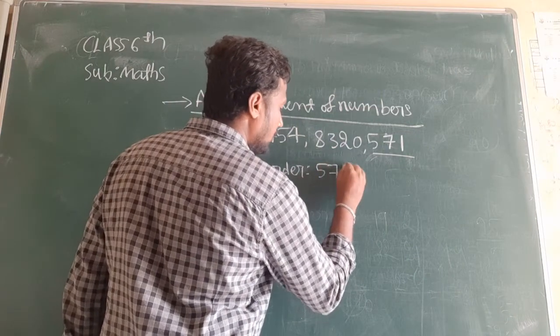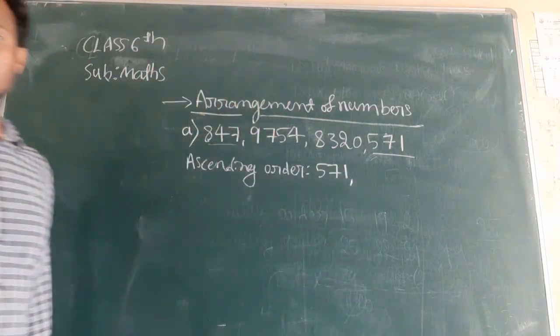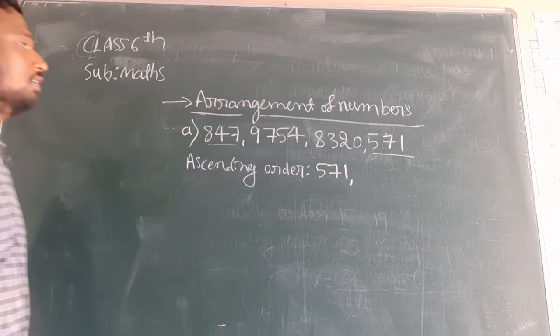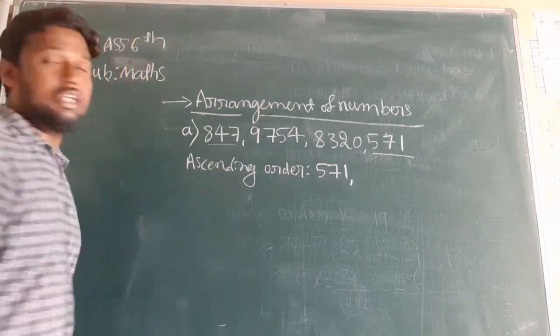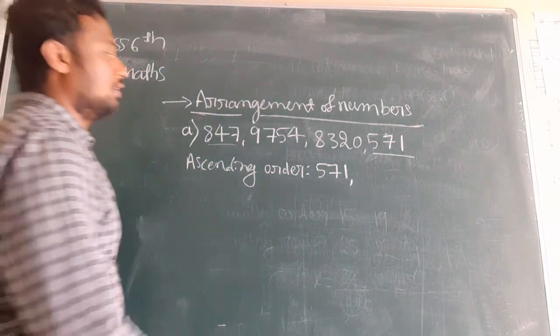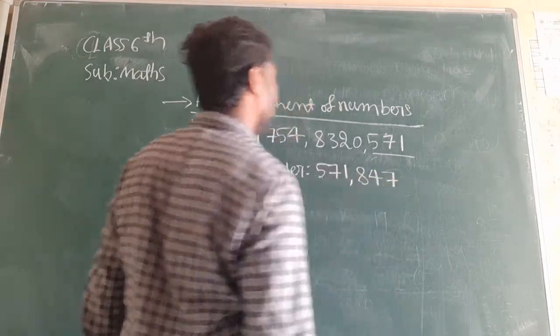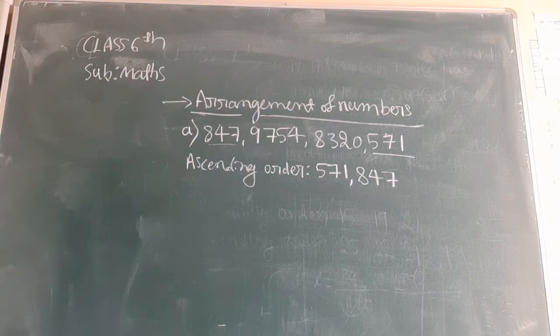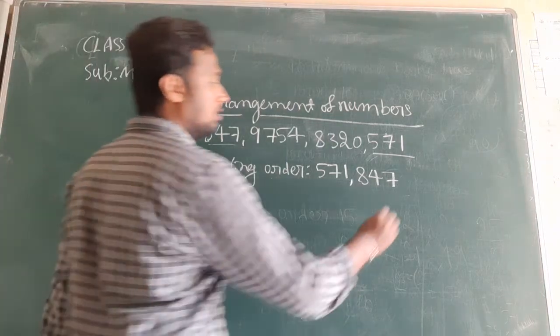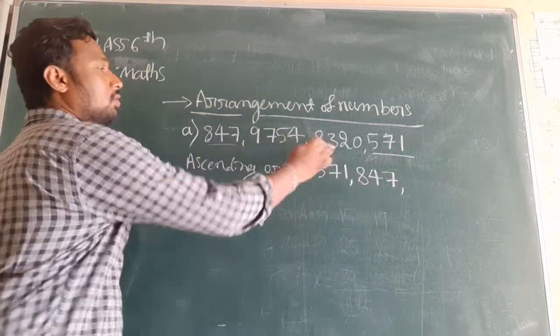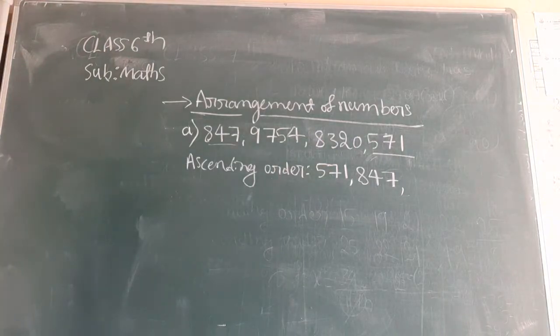So first I will write 571. Next, which is the smallest value? 847. So I will write 847. Okay. Next, after this, we have two 4-digit numbers here.